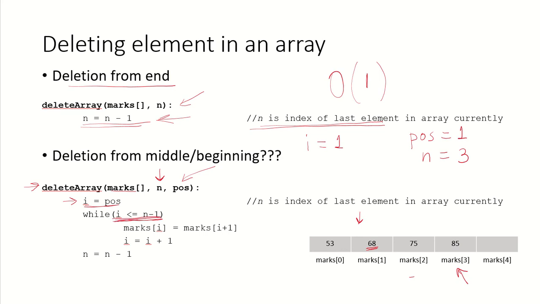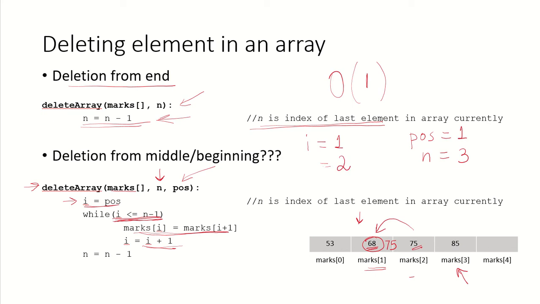Yes, it is. So we enter the loop, and marks[i] is equal to marks[i+1]. That means in this position we are going to shift these marks. So marks[i], that means marks[1], will now have 75. This is still there. We have not overwritten it as such. And now i will become i plus 1.